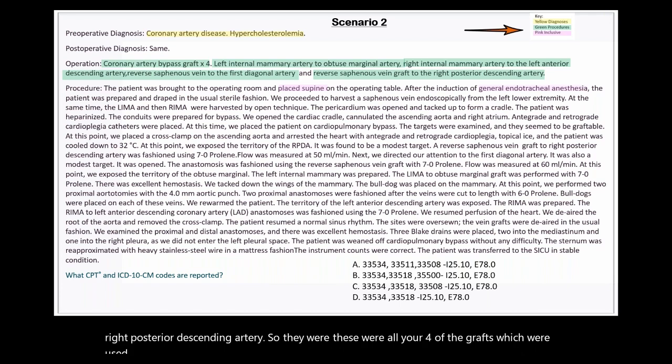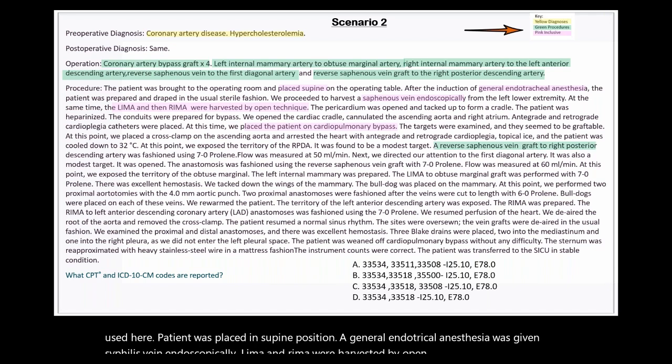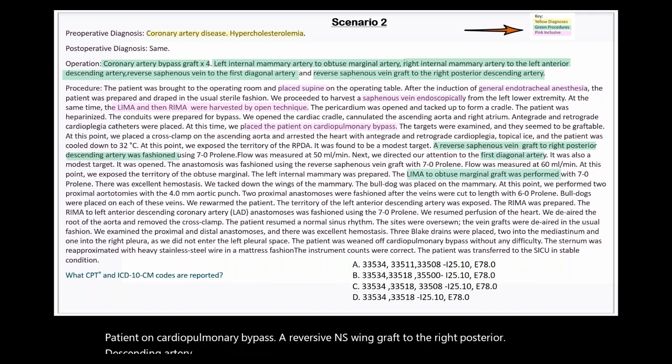Patient was placed in supine position. A general endotracheal anesthesia was given. Saphenous vein was harvested endoscopically. LIMA and RIMA were harvested by open technique. Placed the patient on cardiopulmonary bypass. A reverse saphenous vein graft to the right posterior descending artery, first diagonal artery, LIMA to obtuse marginal graft was performed.